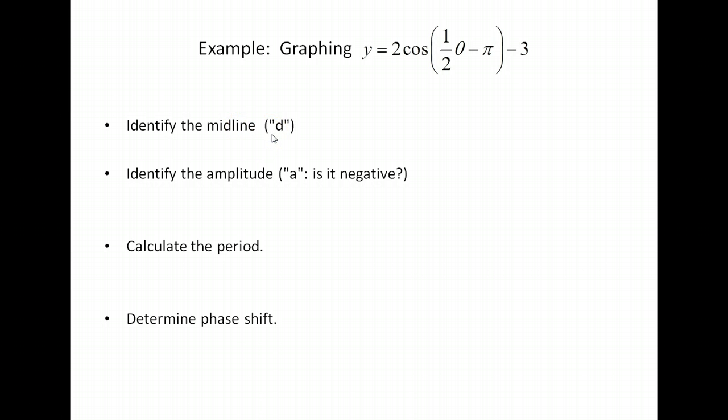Now the midline is that horizontal line through which the curve goes up and over and down and underneath and back and forth and goes like that, like a regular wave. And we find that at the end, right? That's letter D, and we see here it's -3. And what does that mean for us? Well, it means that the horizontal line, y equals -3, is that midline. Very easy. You can always pick that up.